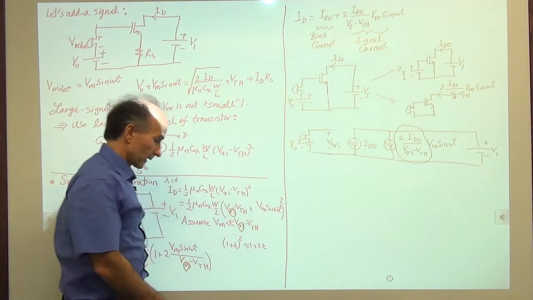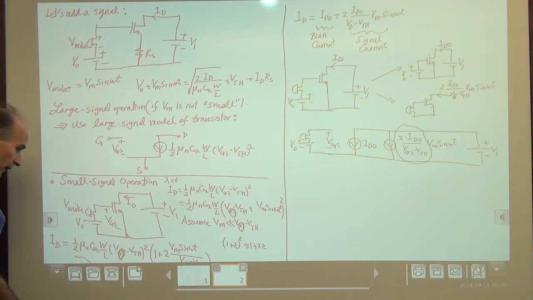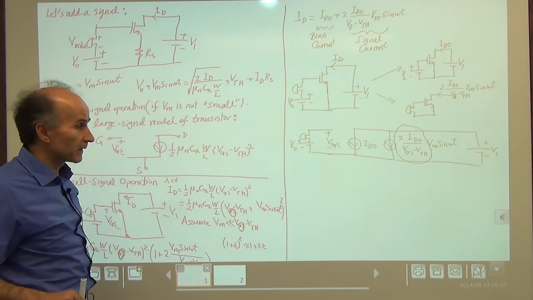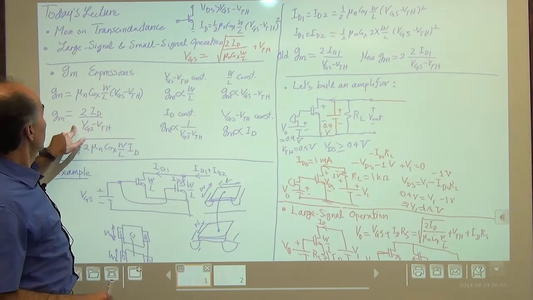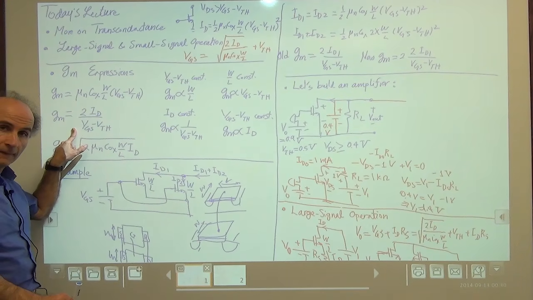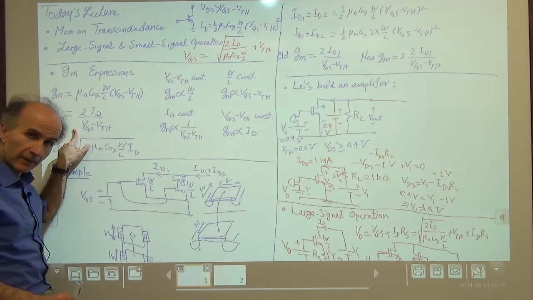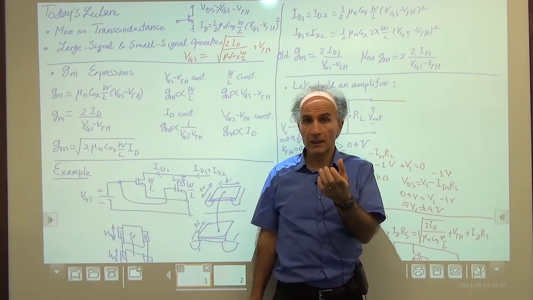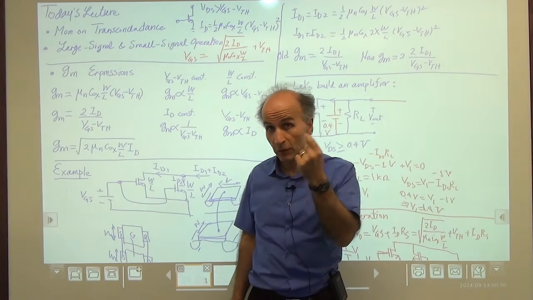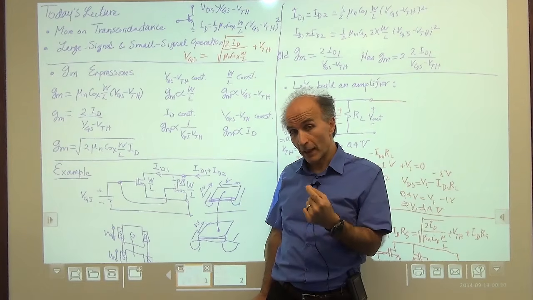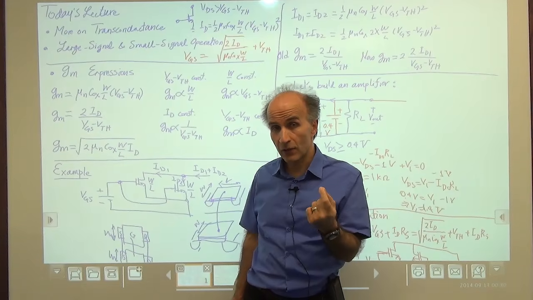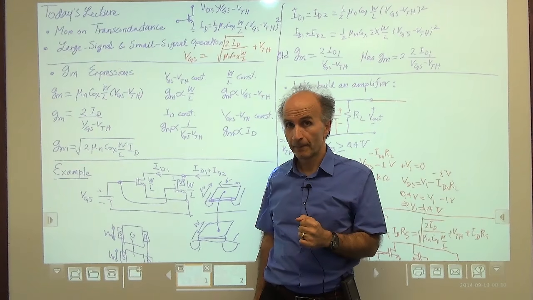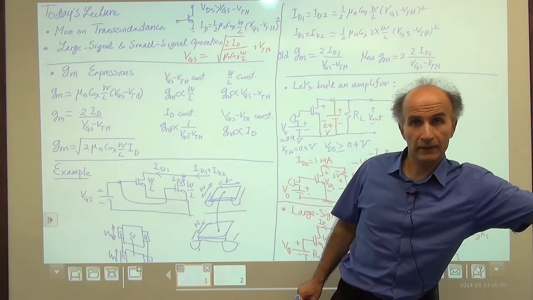What is that? Well, if we rewind and look at what we obtained before, we see that it is the transconductance of the device. That's not surprising. The transconductance says, if you give me a voltage change of delta V between the gate and source, I will give you a current change equal to Gm times delta V. Right? That is the definition of transconductance.